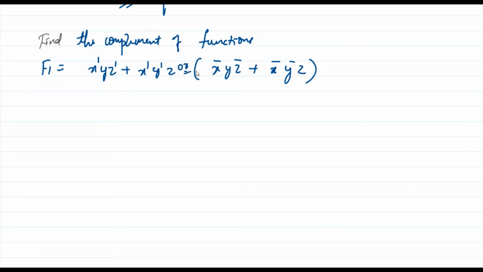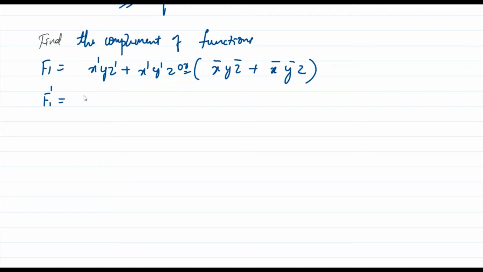Okay, now how to complement this given function? F1 is given, so I can write F1 prime. By applying De Morgan's theorem directly, you can write the complement of the given function. First you need to put brackets around each term of the given function.